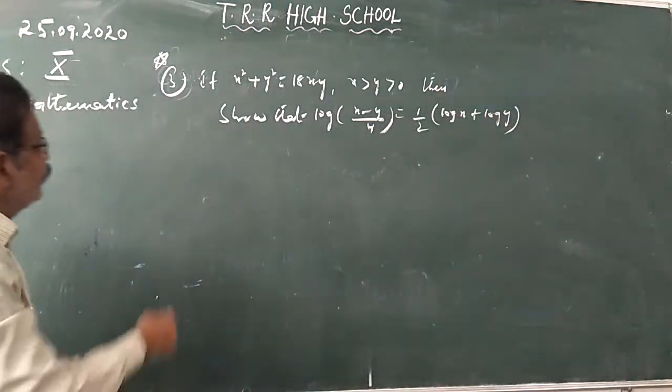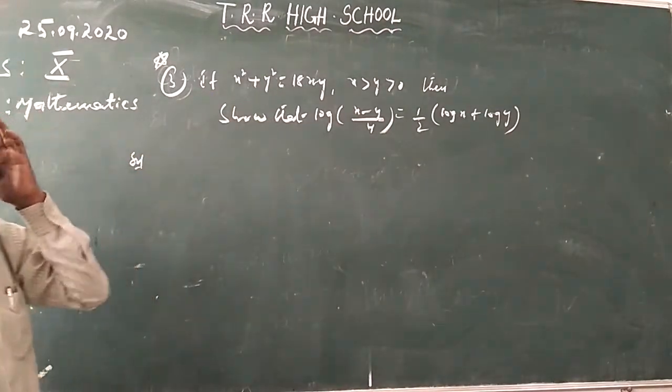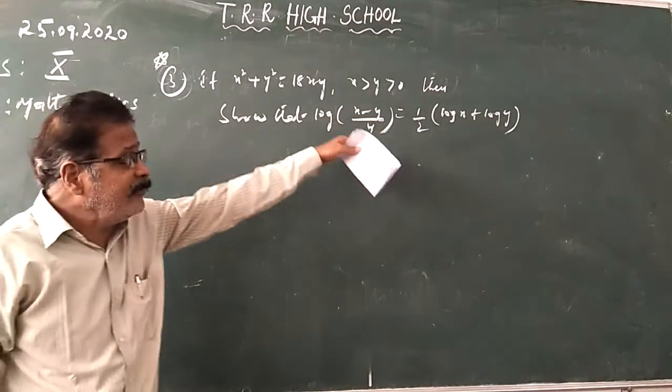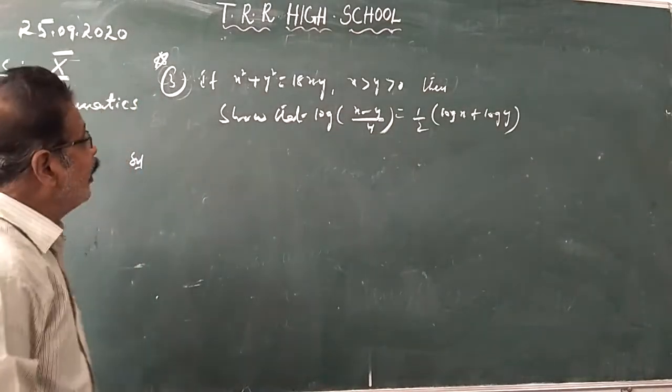So what is given here? x square plus y square equal to 18xy. What do you have to show? Log of (x minus y) by 4 is equal to 1 by 2 of (log x plus log y).